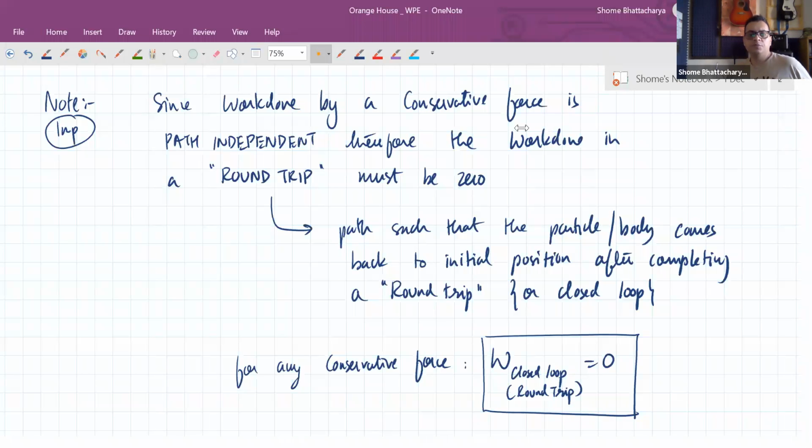Because the final position is equal to initial position and it depends only on the position. Path independent means it depends only on position. So if final position and initial position are same, the work done must be zero.